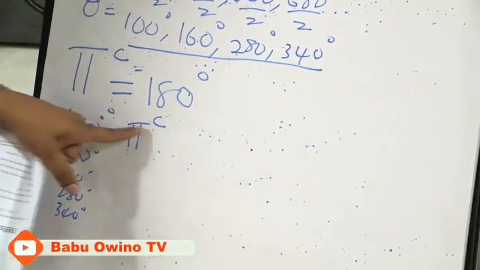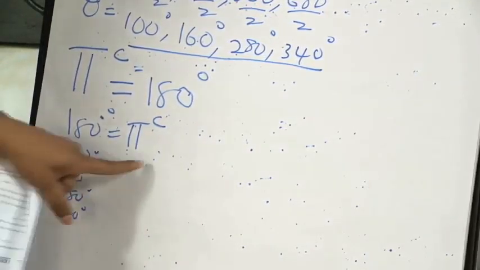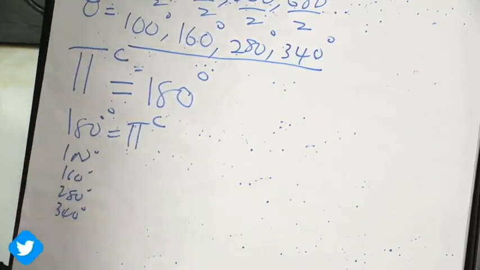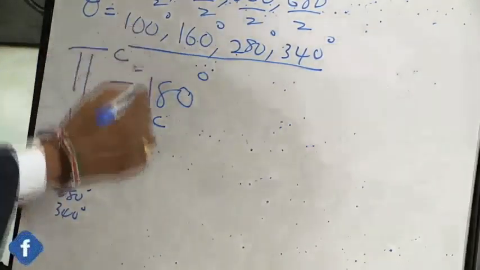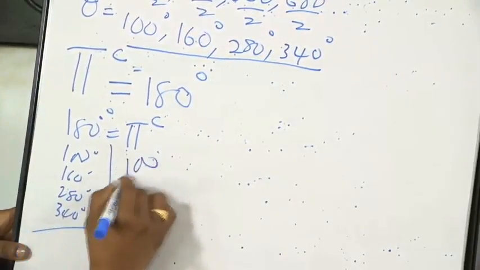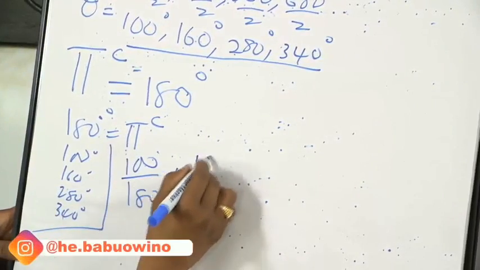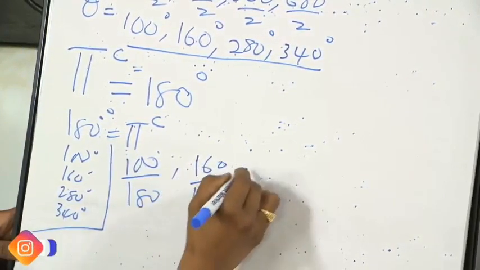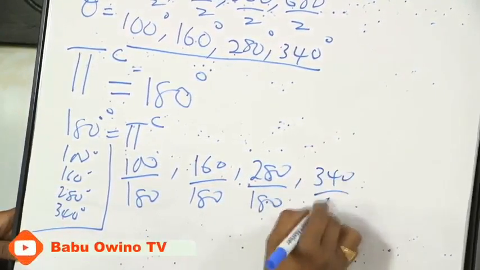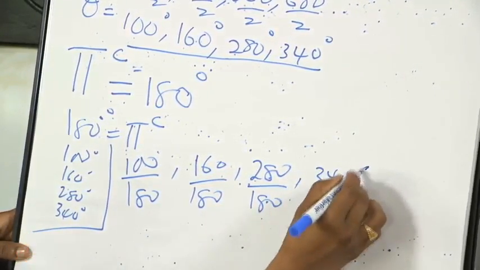So you realize that we'll be multiplying 100 times pi divided by 180, 160 times pi radians divided by 180, 280 times pi radians divided by 180, 340 times pi radians divided by 180. So we'll have 100 divided by 180, 160 divided by 180, 280 divided by 180, and finally 340 divided by 180. They're in degrees.